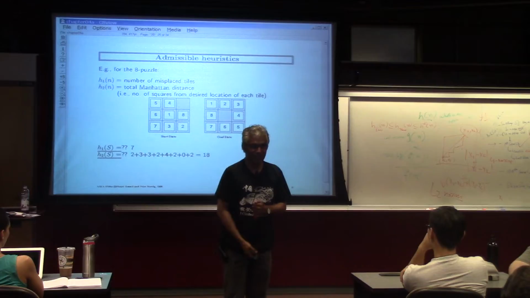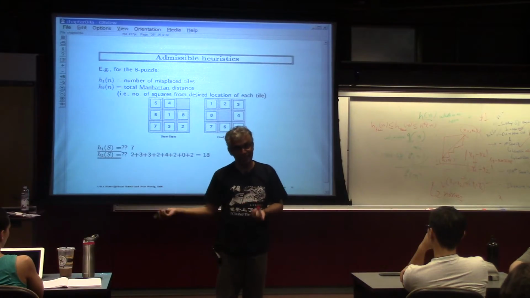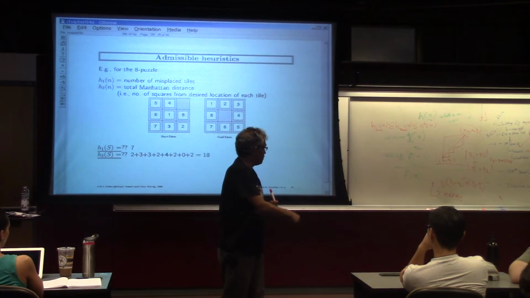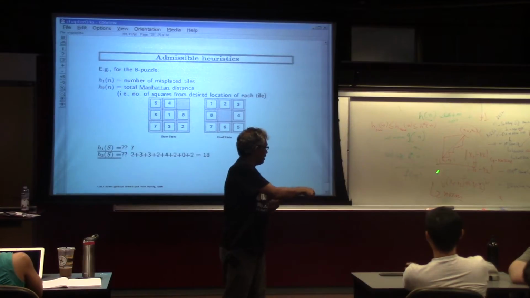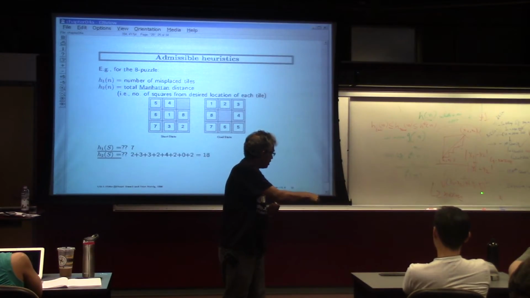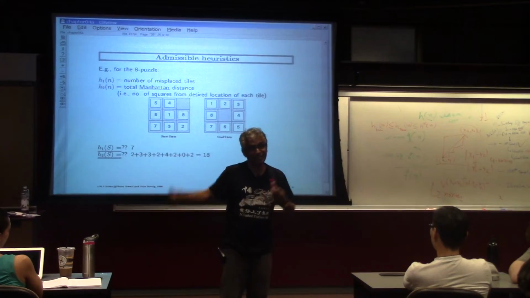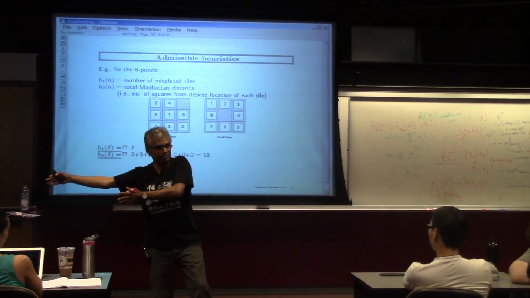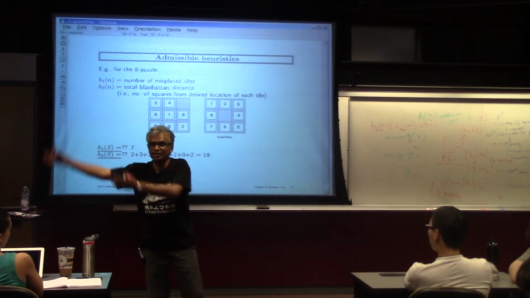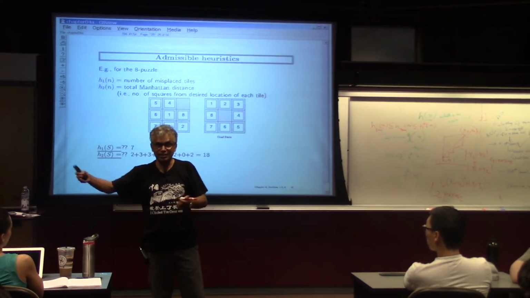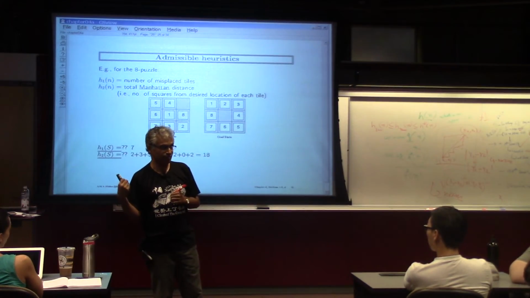But then teleportation would be kind of illegal in Manhattan, and even though it's a lower bound, it's less than the Euclidean distance, which is less than the Manhattan distance, which is less than the true distance. So you have 3 heuristics now, each of which is more informed than the other.